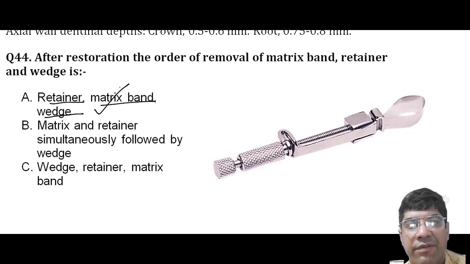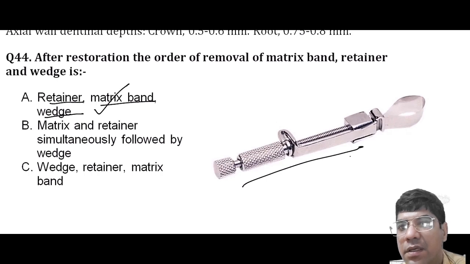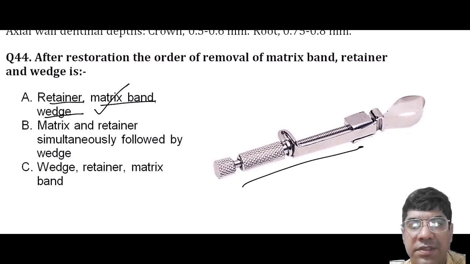So first of all, you have to loosen and remove the retainer. The retainer is the part of the matrix system that holds the matrix band in place around the tooth being restored.